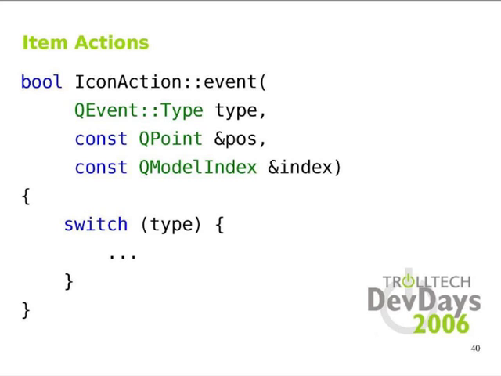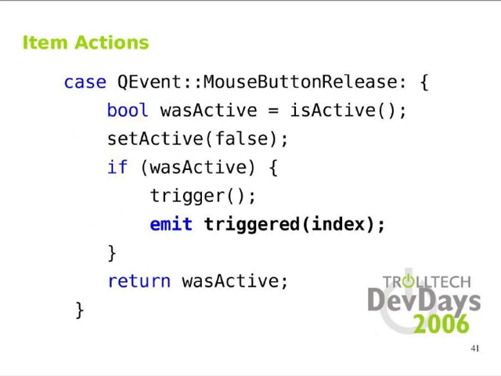And in this case, I want to handle the mouse button release event, because that means that somebody actually clicked on my action and released the mouse button. And in this case, I emit a signal, as you can see. I also changed the active state, so it's drawn a little bit differently to give the user some visual cues that actually something happened.